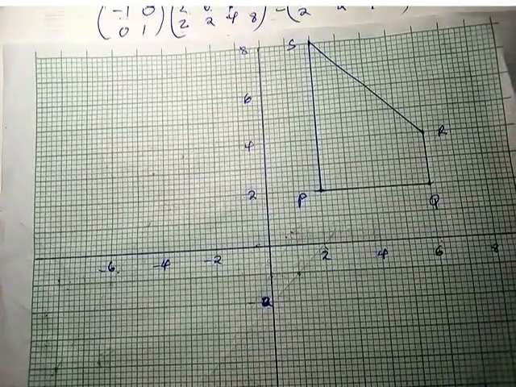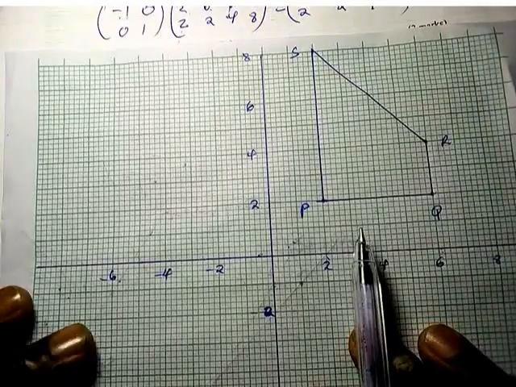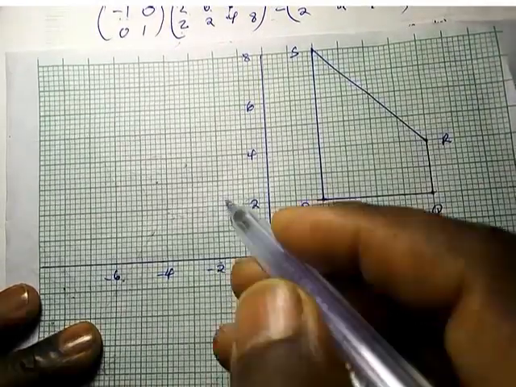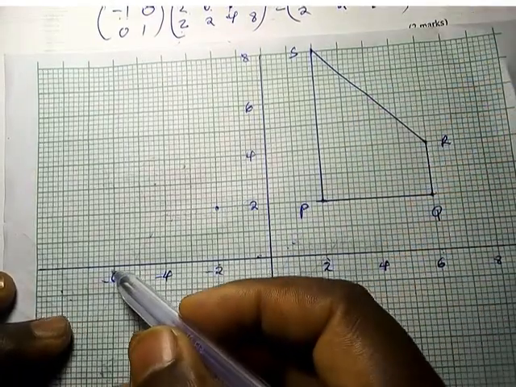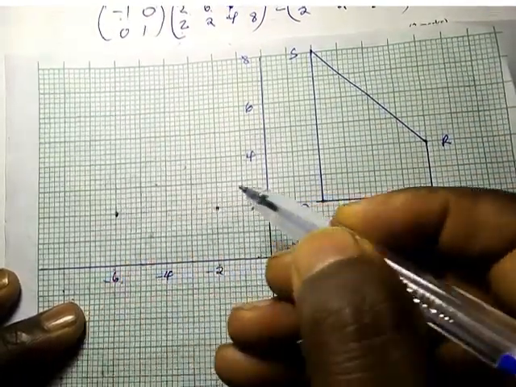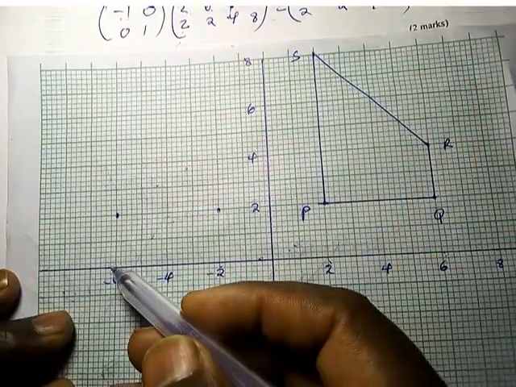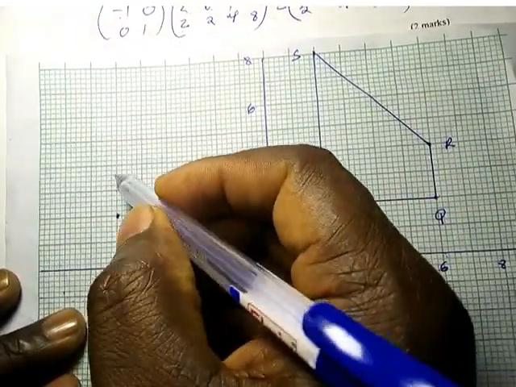So that's our object. We will do the same with our image. -2, 2 here. -6, 2 there. -6, 4 there.